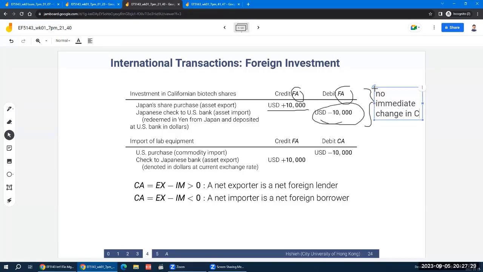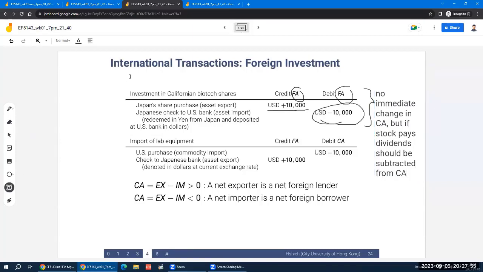So no immediate change in CA, but if the stock pays dividends, in this case, it should be subtracted from CA. Right, because we're not holding on to the financial assets. It's not a return. We owe dividends to investors.